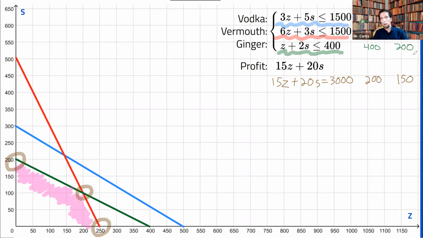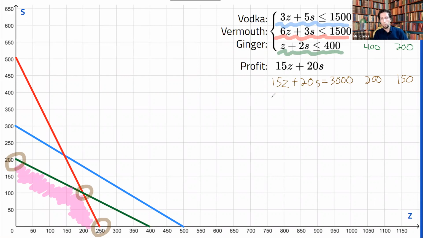So we want our ISO profit line to be above all of these, outside of our feasible region, but this is going to be below all of these. So it's totally inside. So just based on that, not even looking at the graph, these numbers are too small. They're close, but a bit too small.